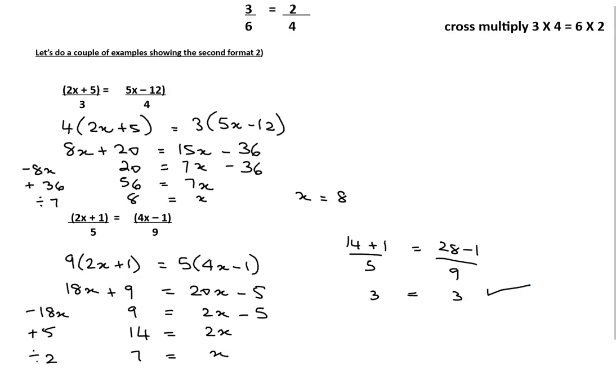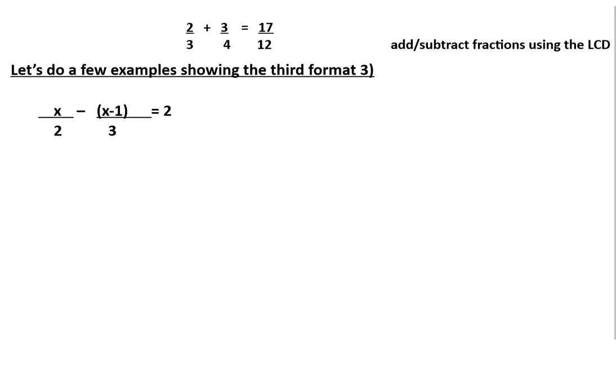Now, let's go for the third format. This one, you can tell the denominators are different and it looks like a normal fraction. So we find the lowest common denominator, which is 6, and we put it all over 6.